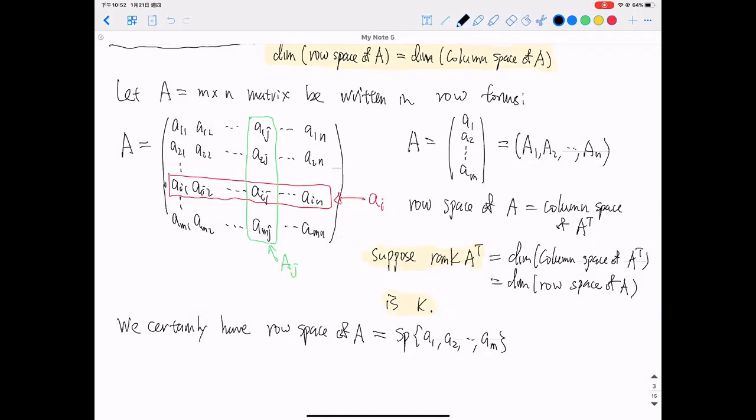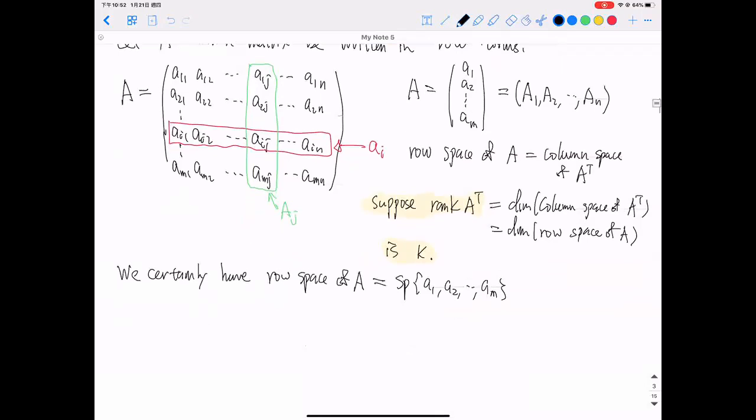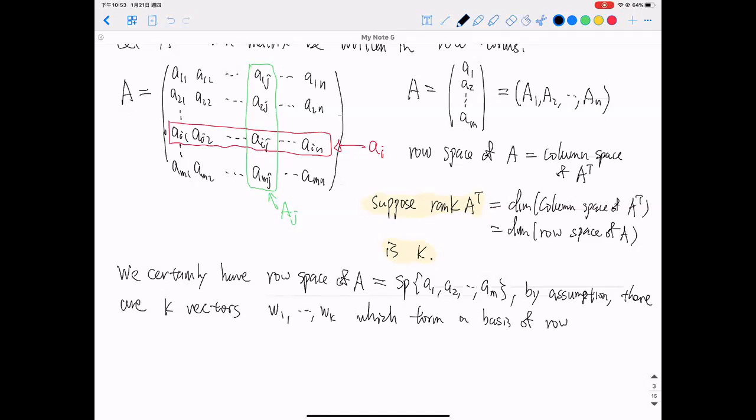And our assumption is that this thing has dimension K. By assumption, there are K vectors W1 through WK which form a basis of the row space of A. Right, we assume the row space has dimension K, therefore we can find a basis consisting of K vectors.